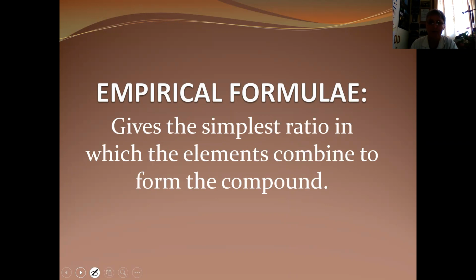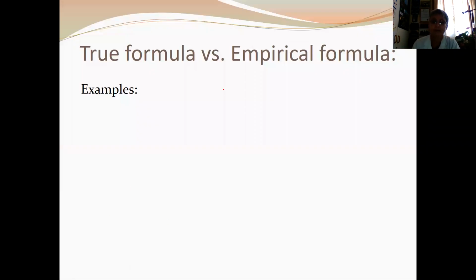Sometimes the empirical formula is the same as the true formula of the compound, sometimes it's not. Here we have some examples. Let's look at the examples. Water is a common compound with the formula H2O. This is the empirical formula.